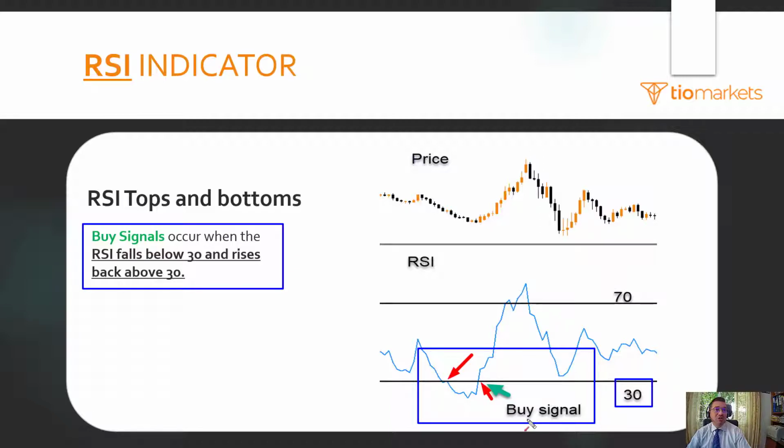The RSI buy signal is not when it's down below 30. The buy signal is triggered when the RSI breaks back above 30. That's our buy signal, and then here we can see the result on price. It's not a very complicated tool. It's one of the simplest, and if you know the basic rules of the RSI, it's very effective.